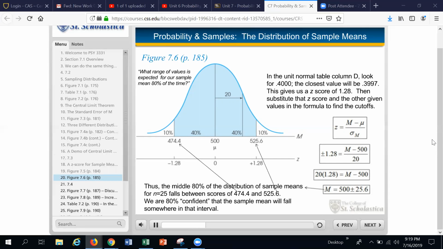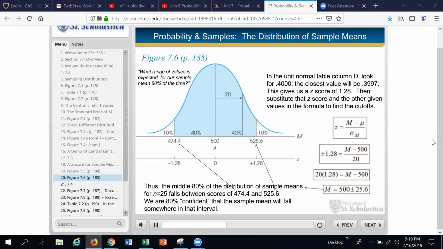We start this time, and almost in reverse from the last example, by looking at the unit normal table at column D, as stated in the paragraph at the upper right-hand part of the slide. In column D, we look for 0.40. Why is that? It's because we want the middle 80% of the distribution. Since we are talking about normal distributions which are symmetrical, we know that 40% is on either side of the mean.